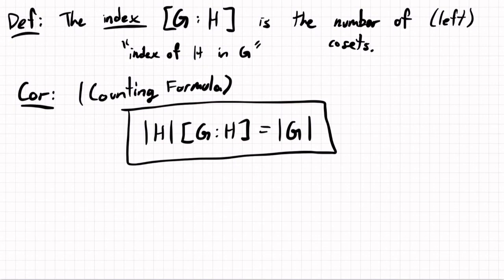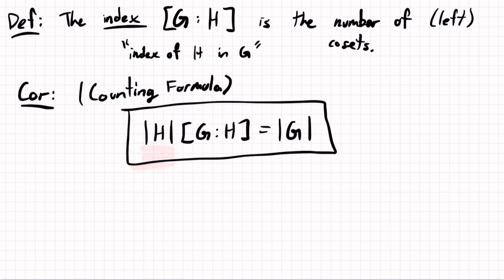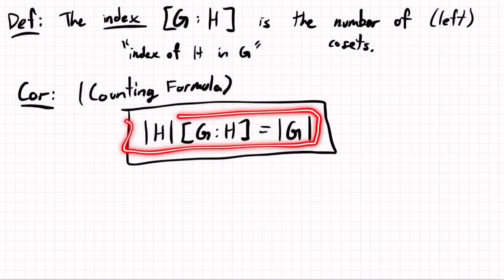So using the fact that this is a partition and the fact that all of these are the same, we just count the number of them and write this equation down. And so the counting formula is something that in future videos we will use to prove theorems about groups.